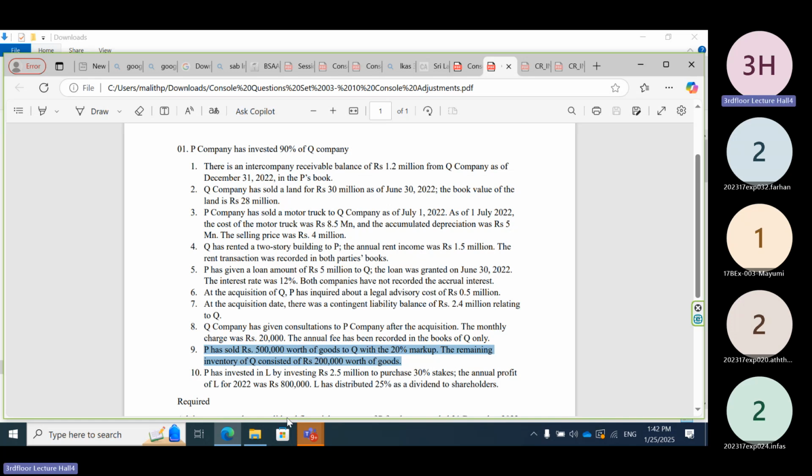So that is in whose book as inventory? Q's book. It's showing 200,000, but it should be less than this. So inventory credit 32,000, debit to profitability 32,000. Unrealized gain should be adjusted.